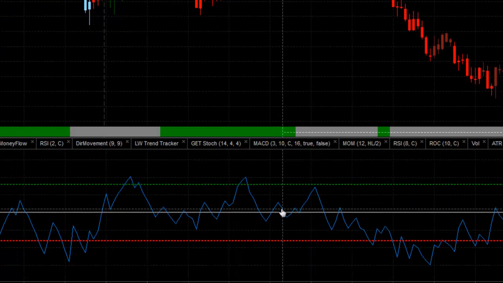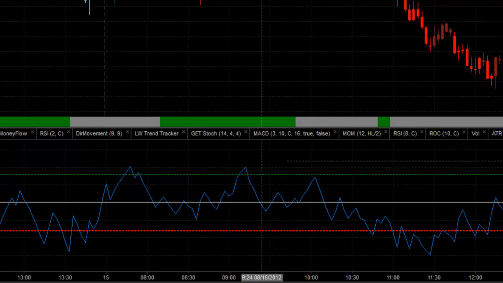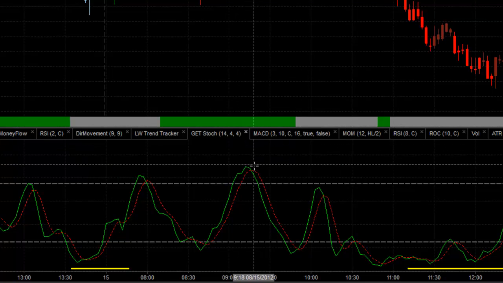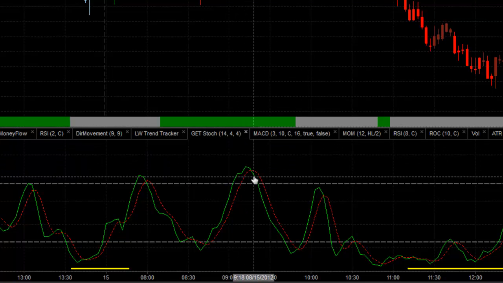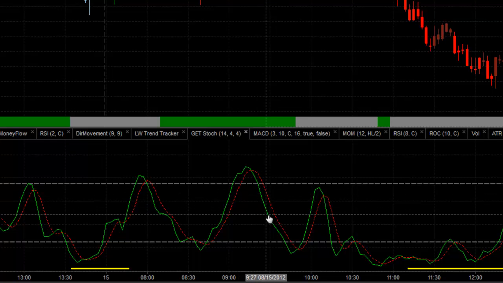Well, as we go, what's happening here? We're making lower highs on the volume zone oscillator. All right, what else? What's happening in the stochastic? Well, in the stochastic, we have broken lower, and we crossed back below the 75% level, which I use on my stochastics, and we're trending lower, right?